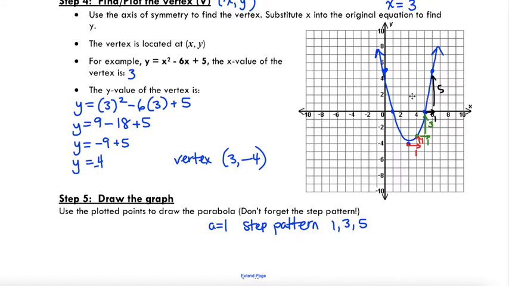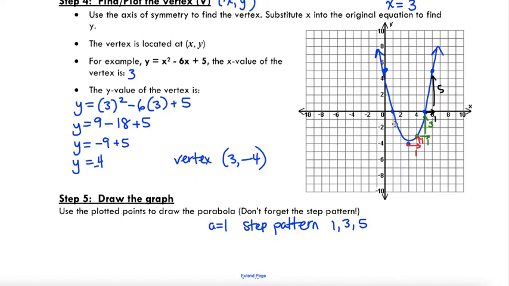So some people, when they're sketching a graph, will find their vertex and then use the step pattern to plot the other points. So we always go over 1 unit and then up 1, over 1 unit, up 3, over 1 unit, up 5. And this works when our a value is 1, which we're going to explore in our equations.